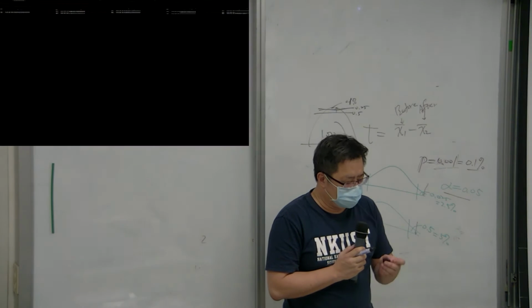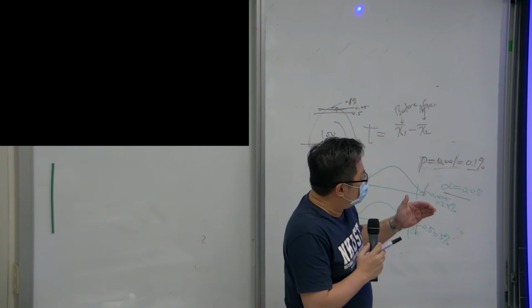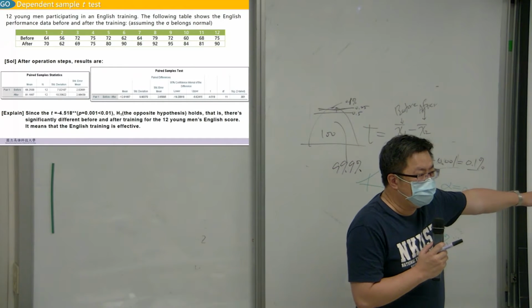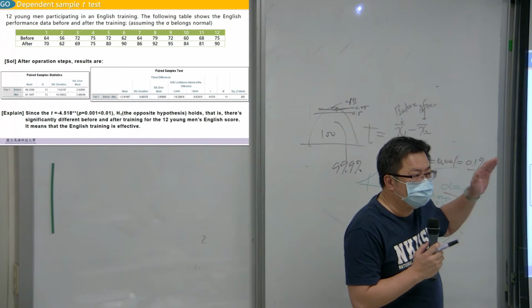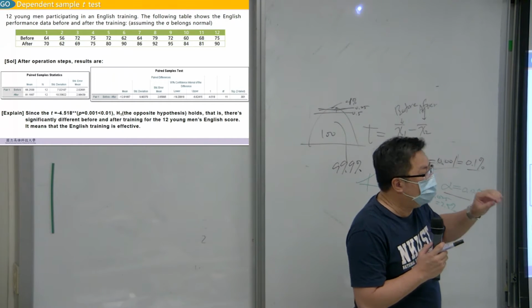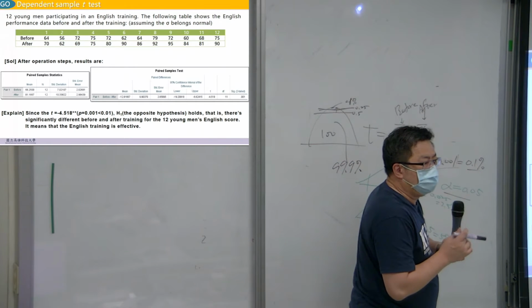Maybe I can give you an example. If this condition happens, the probability of this condition happening will be 0.001.